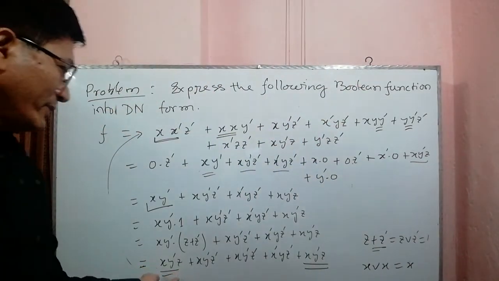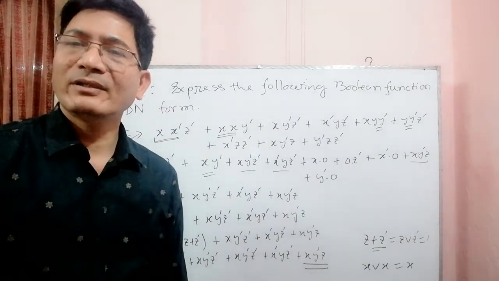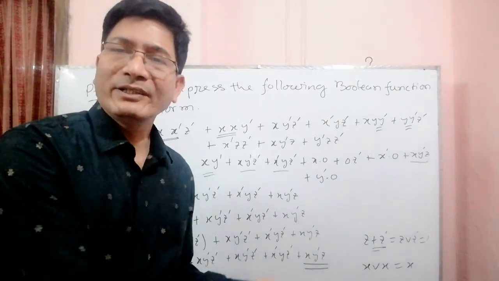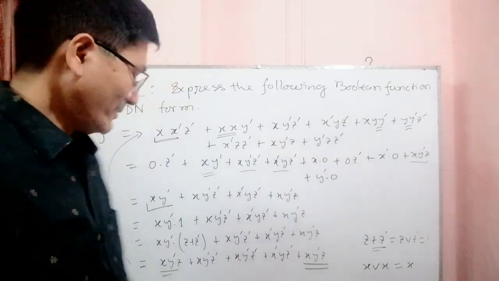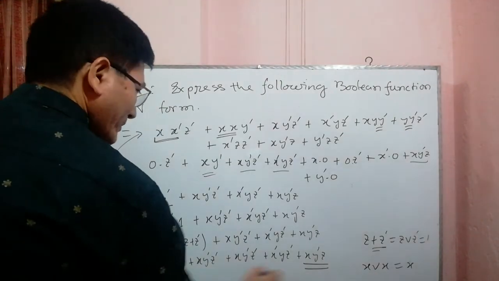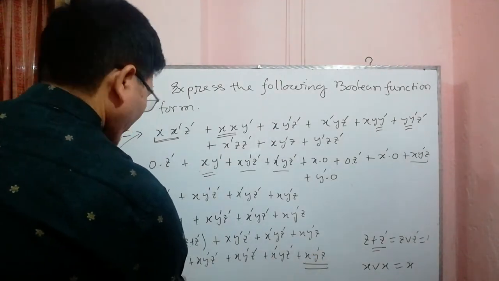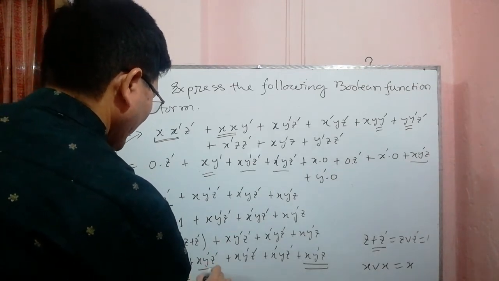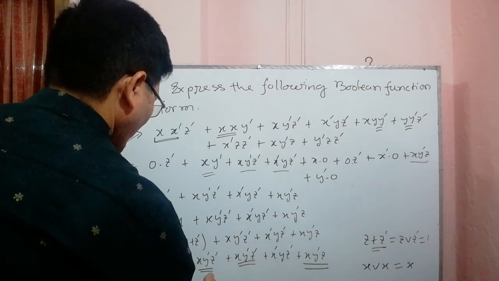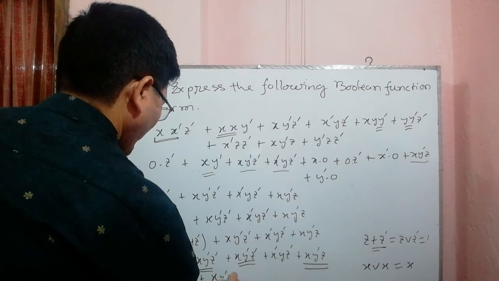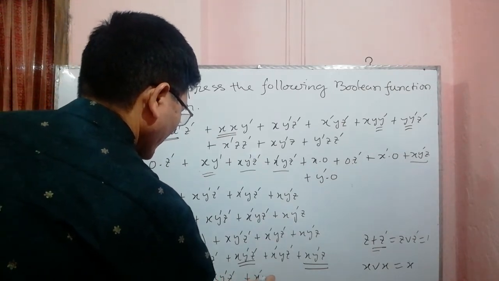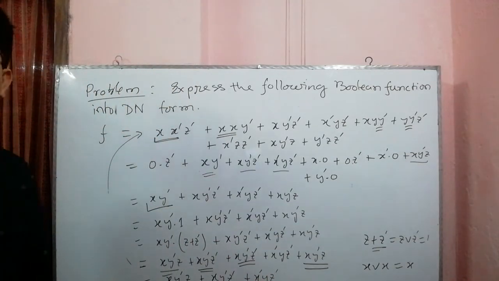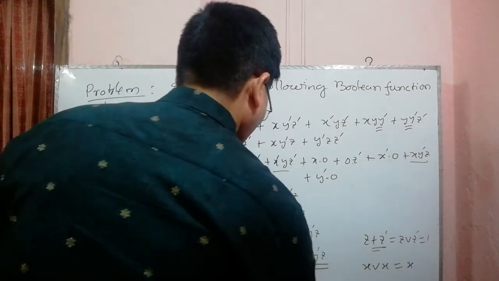That's why if there exists any redundancy in our calculation, we will write a single term only. So for these 2 terms I'm writing x, y prime and z, and for these 2 terms I'll write x, y prime and z prime plus x prime, y and z prime. So, dear students, this is our required DNF.